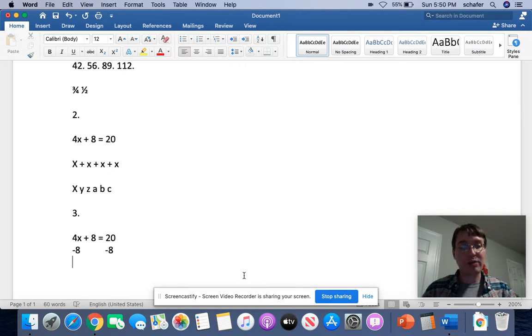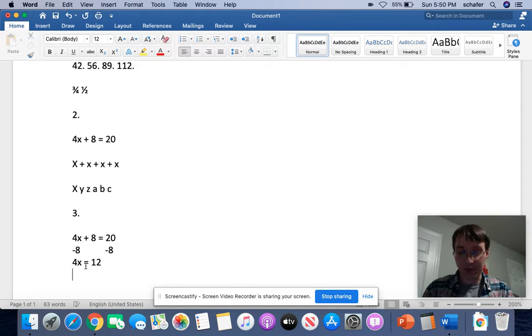So if I take 8 away from both sides, that leaves me with 4x equals 20 minus 8, which is going to be 12. And then if I want to get this x by itself, this right here, 4 x's, also means 4 times x. And so I want to do the opposite. Since it's 4 times x, I want to divide by 4.